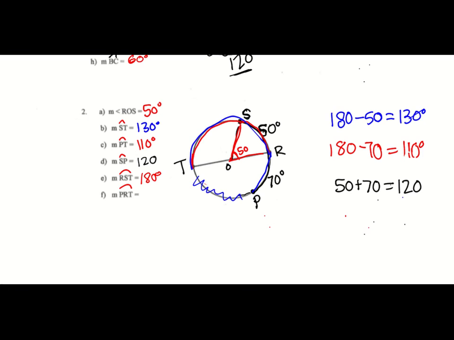So if we figure out what this piece right here is, PT, we already know that's 110 from above. So if we start with the whole circle, 360, and we want to take off that 110, we are left with 250 degrees.